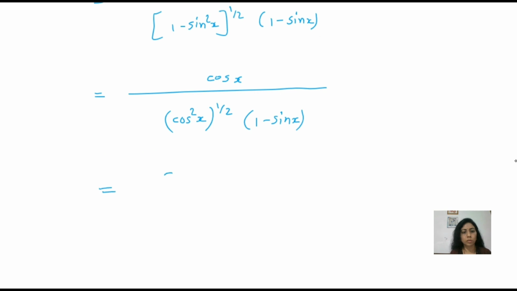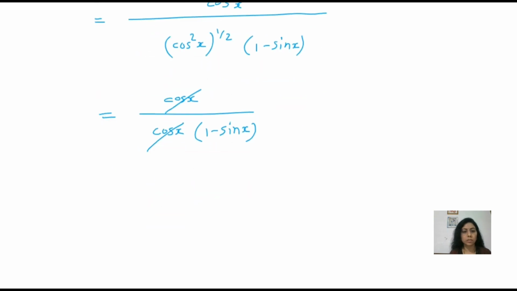Here this is cos x divided by (cos squared x) to the power 1/2, so the square and 1/2 cancel, just cos x, and this is 1 minus sin x. Here cos x cancels, so we get 1 upon 1 minus sin x.